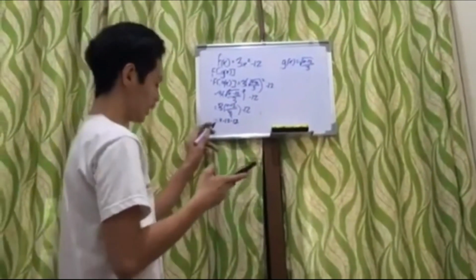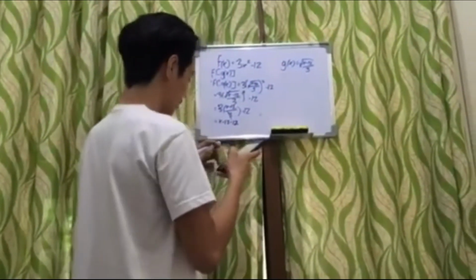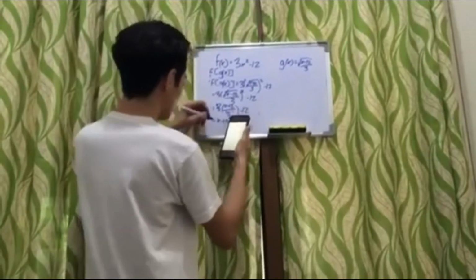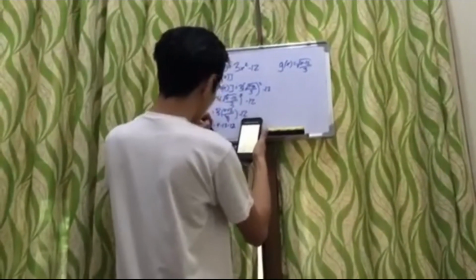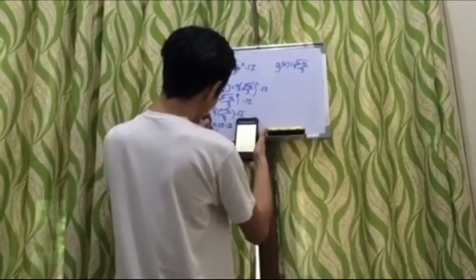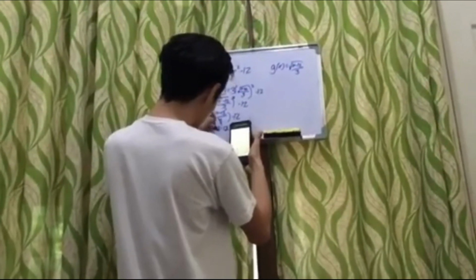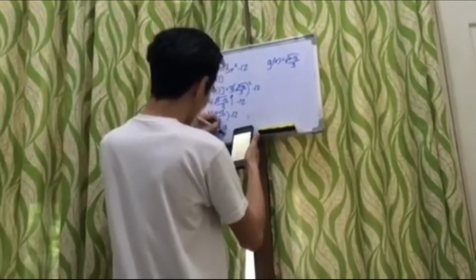Then solve negative 12 and negative 12, which equals negative 24. So our answer would be x equals negative 24.